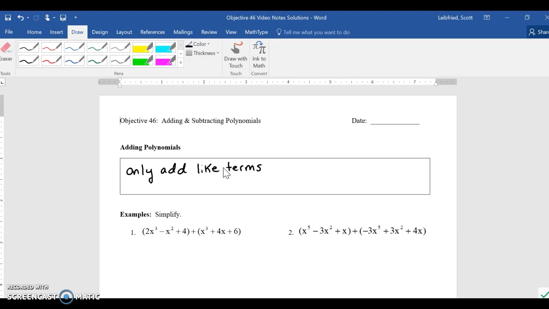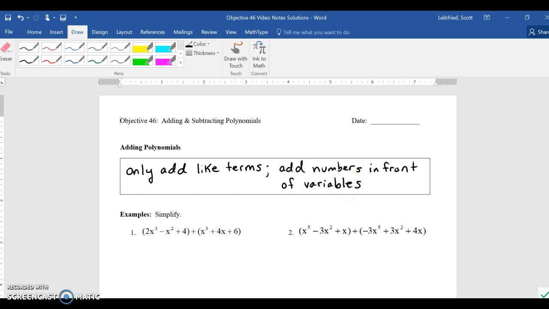And after we figure out what the like terms are, we add the number or numbers in front of the variables. So let's take a look at some examples.